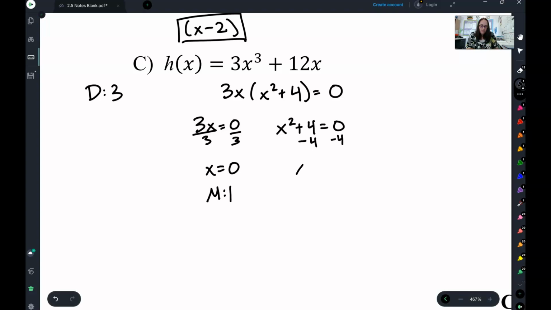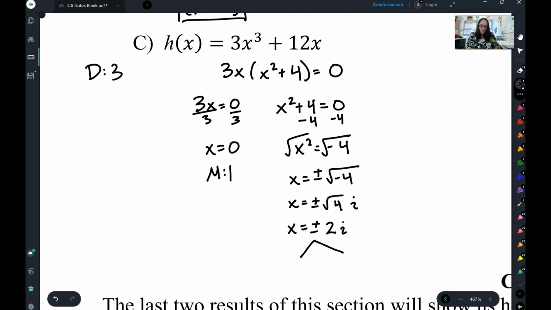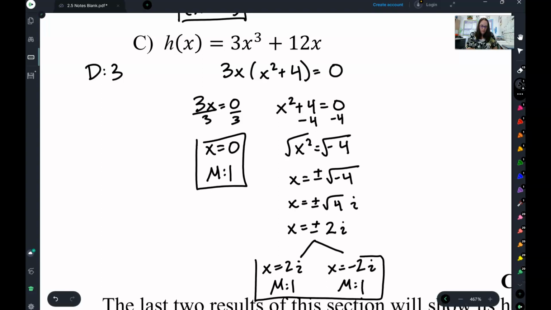If I go to solve this one, I get that x equals plus or minus the square root of negative 4. Which we just learned is actually plus or minus square root of 4 times i, and square root of 4 is actually 2. So this is plus or minus 2i. So I have a 0 at 2i and a 0 at negative 2i. Both of them happening once. So degree 3, I have 1, 2, 3 answers.